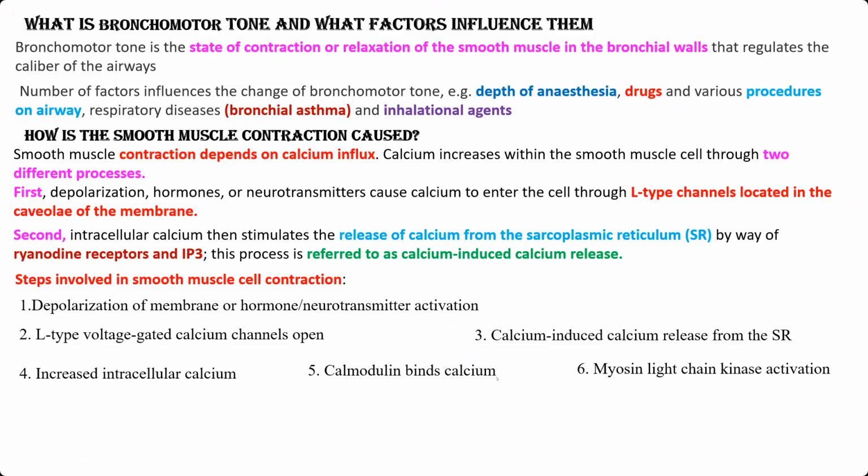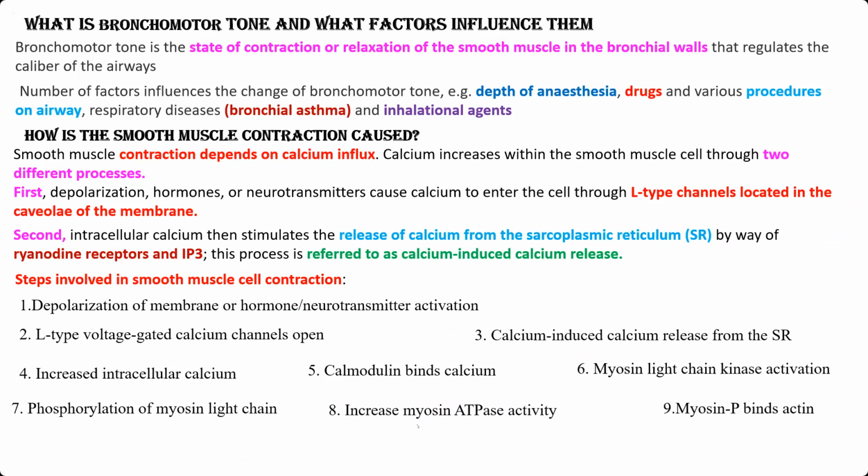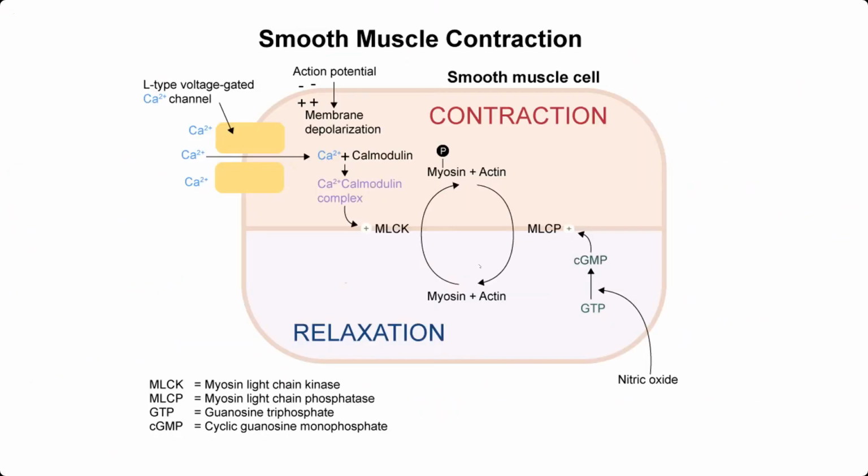Once calcium is released into the cytoplasm, it will stimulate myosin light chain kinase activation, which will cause phosphorylation of myosin light chain and increase myosin activity. So actin-myosin binding, cross bridging, will happen. This picture will tell you how the calcium enters, with membrane potential activating. So the actin myosin complex has to be formed.